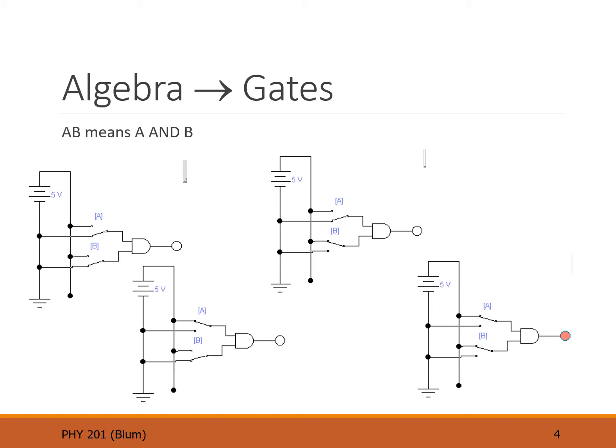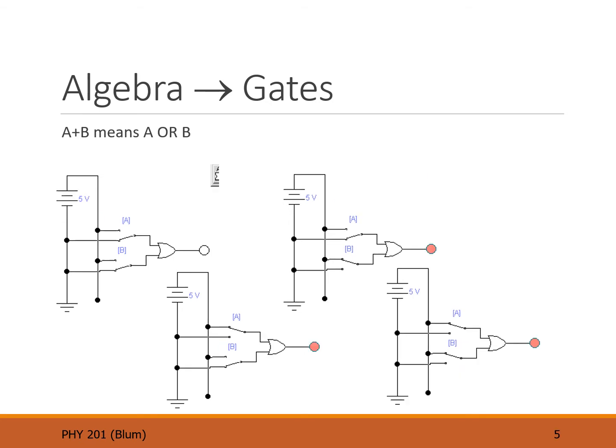So the AND gate is only going to have a high output when both inputs are high. Our notation for an OR is going to be a plus sign, so A plus B is going to mean A ORed with B. The gate is going to be this sort of rounded triangle. And with an OR gate, the output is false only when both inputs are false.